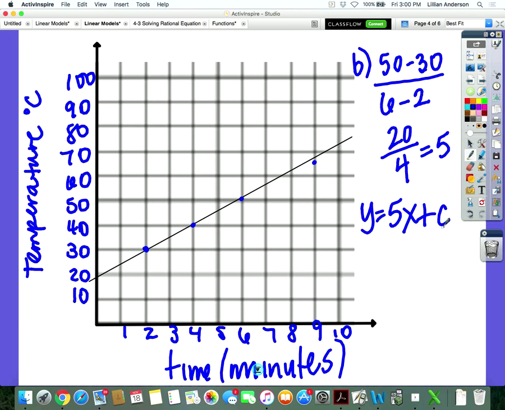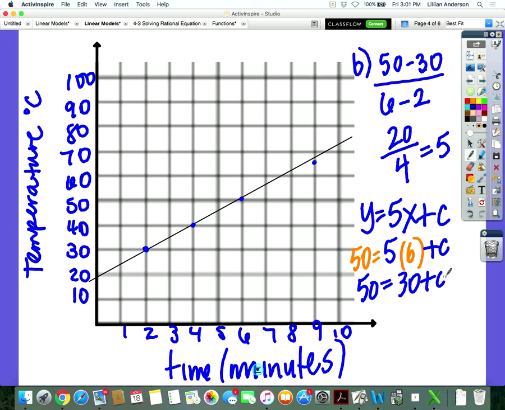Good question. Plug in a point. Remember, you took a point and plugged it in to find your y-intercept. Pick one of the points that were given to us. Which one? 6 and 50. So we're going to plug in 6 for x and 50 for y, and solve for c. What's 5 times 6? 30.